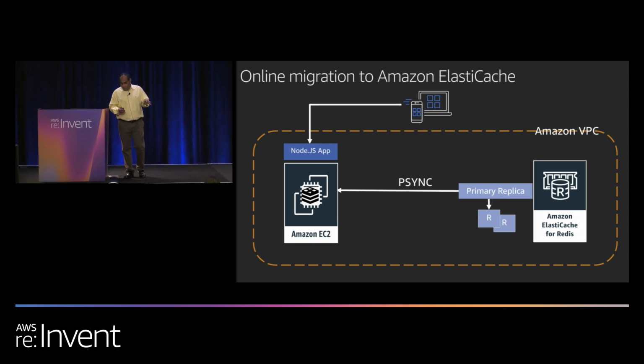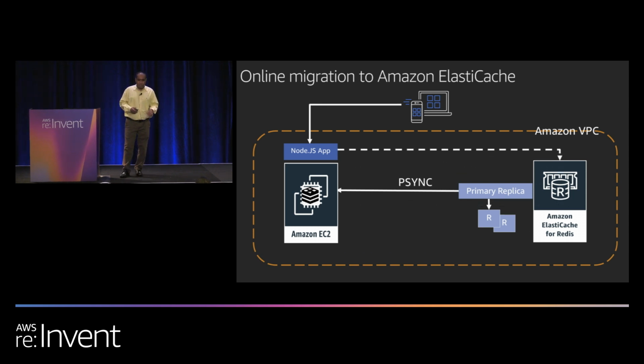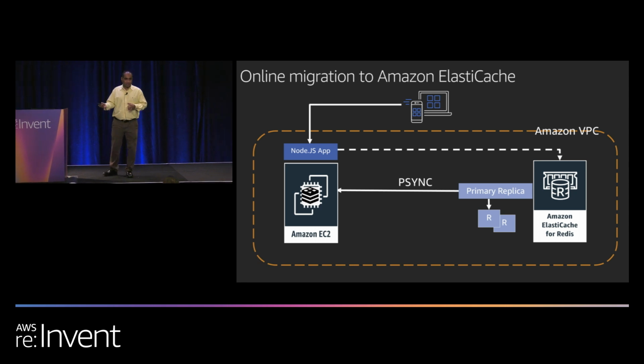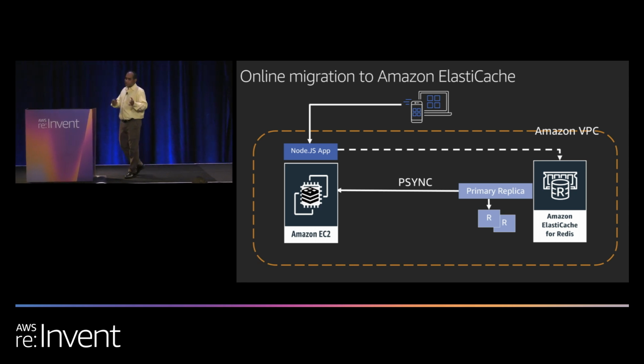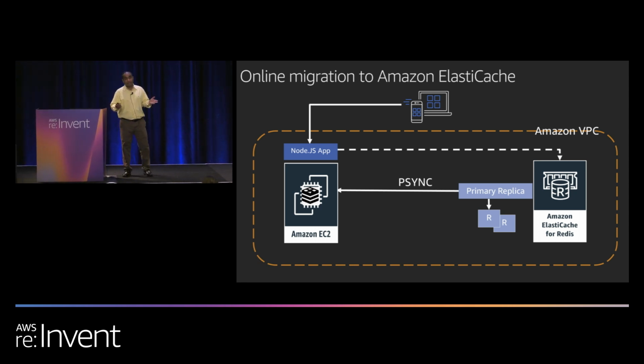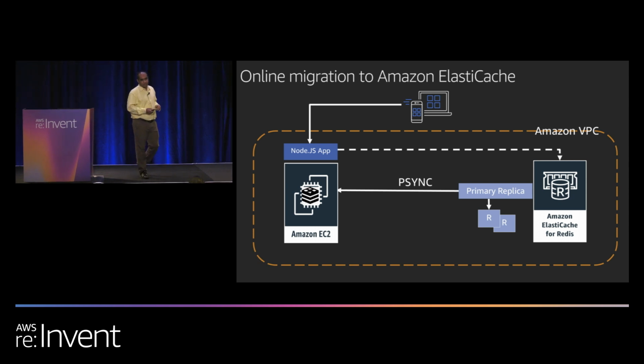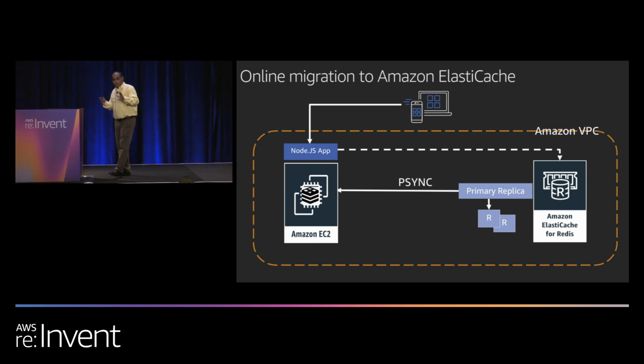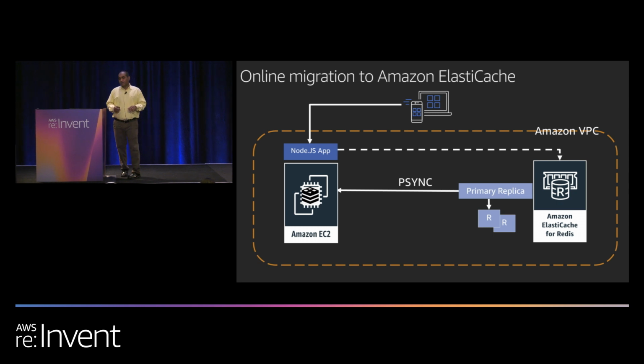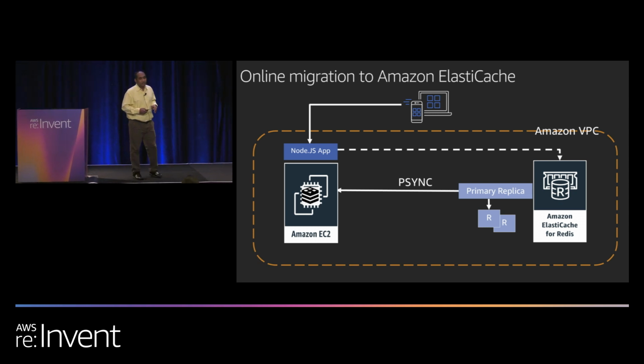At this point, let's say your application wants to use the new cluster for incremental read throughput. You can do that as well. Your application can call the new cluster endpoint and start consuming data from it, but you can't write because it's not a master yet, right? Once that's done, typically when you have a Redis cluster, you can look at replication lag.